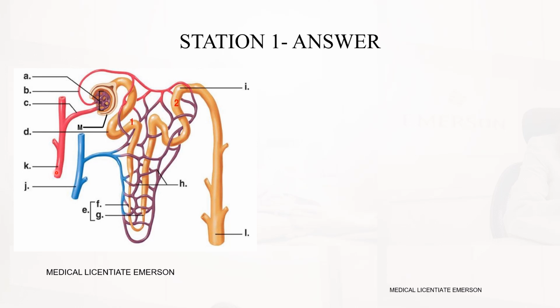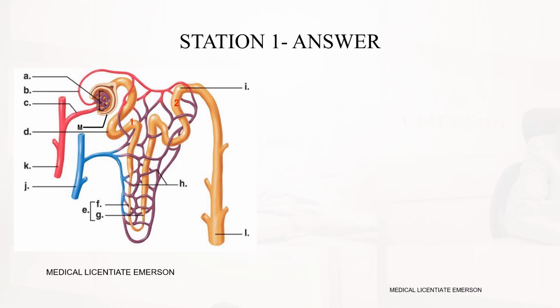Okay, then K, so this is an artery, of course, so this will be a branch of the renal artery. Then J, that's the renal vein. Okay, so these are some of the things you have to know about the structure. So meaning when labeling, you have to at least label something similar to this.